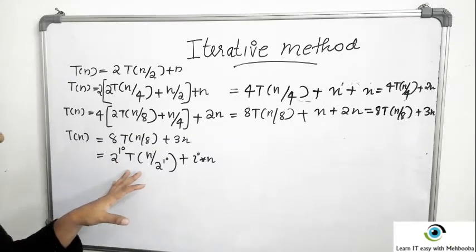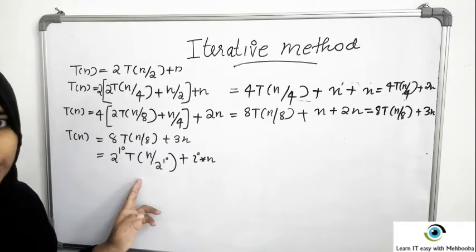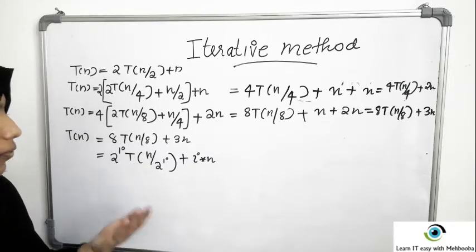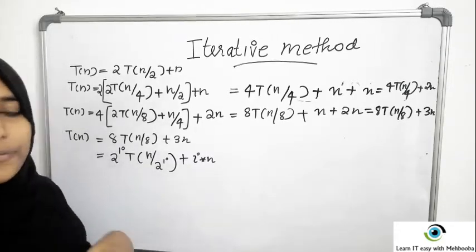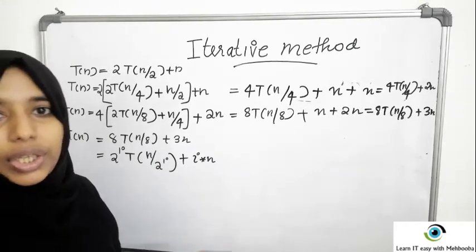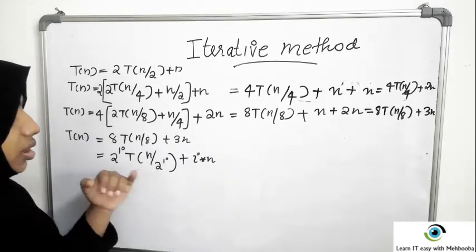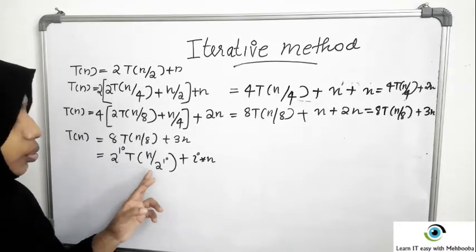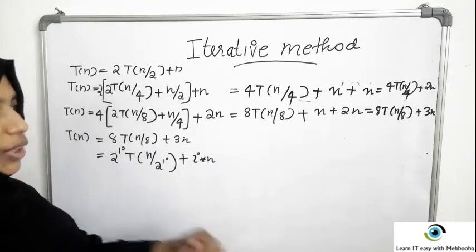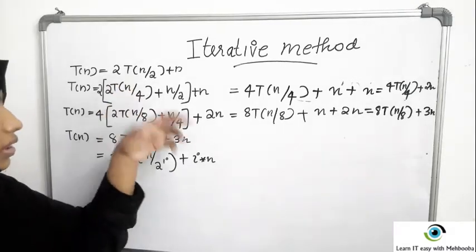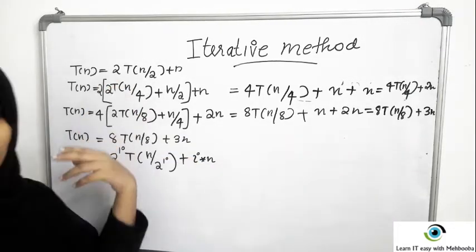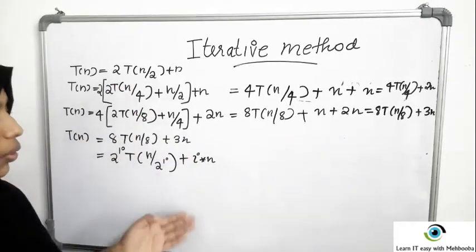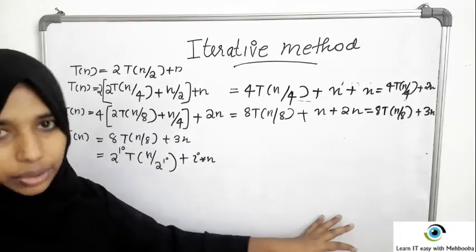Now we want to get rid of the terms on T, isn't it? If it is subtraction, we could have easily converted that to T of 0. But since it is division, the only way ahead is we can convert this into T of 1 somehow. So that is the tip. If the term is subtraction, that is T of n is equal to T of n minus 1 and so on, you can somehow get it to T of 0.